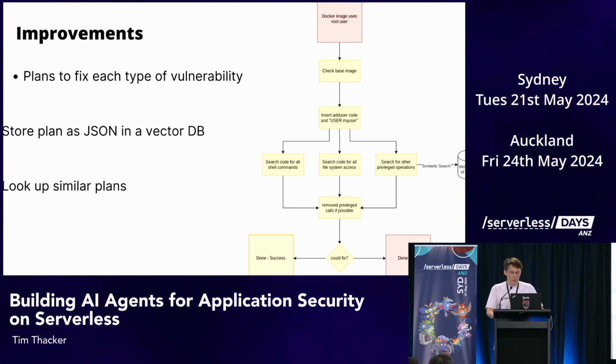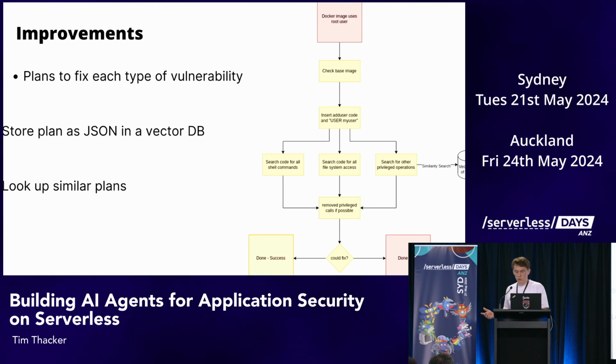So that's where you may have a bunch of tool calls for code searching, whether it be searching for usages of a function, or it could be more like a similarity search from a behavioral point of view. Like, find me some code that requires privileged operations.